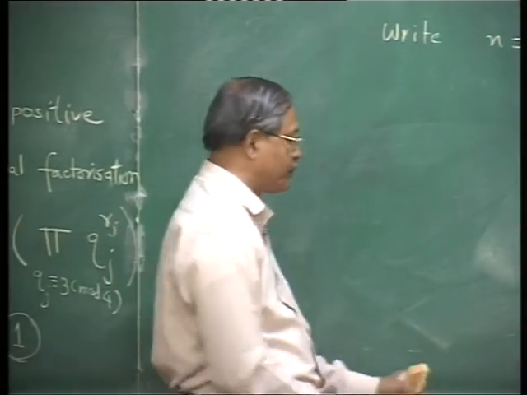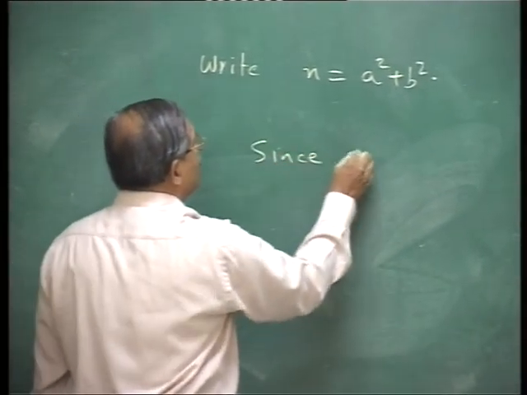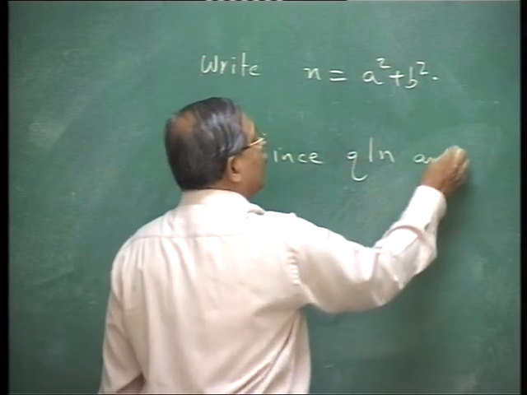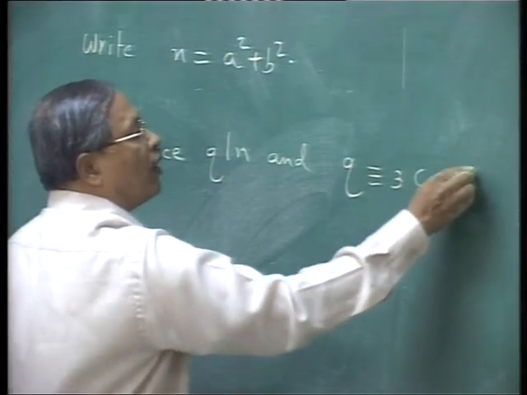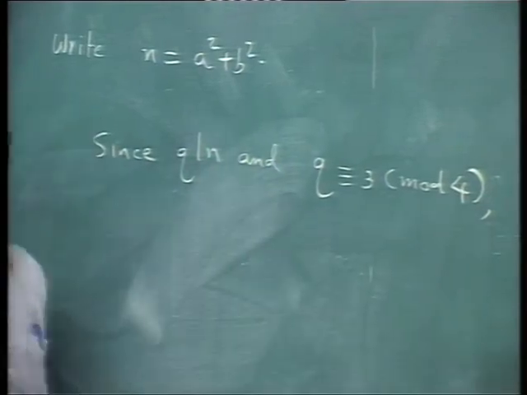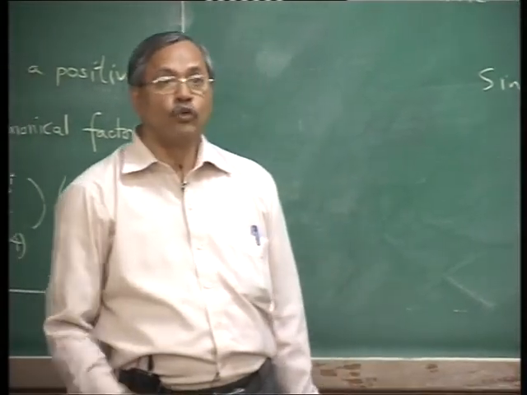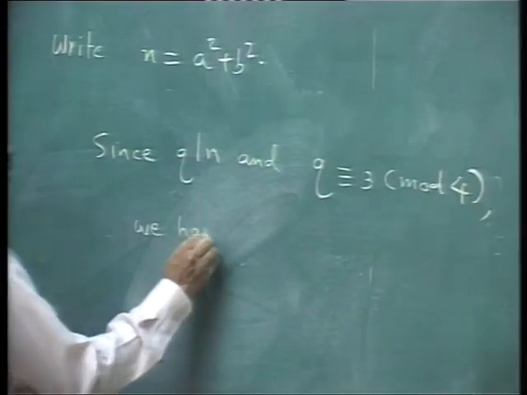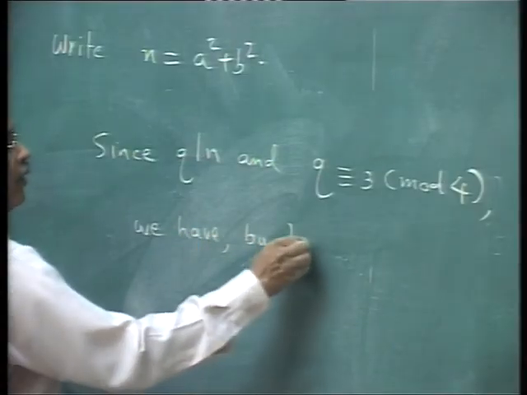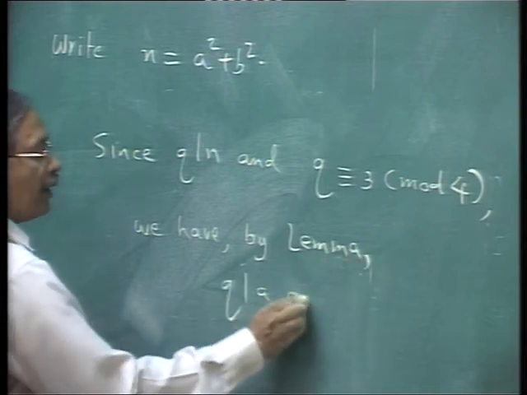Since q divides n and q is 3 mod 4, by the lemma what should happen? q divides both a and b.